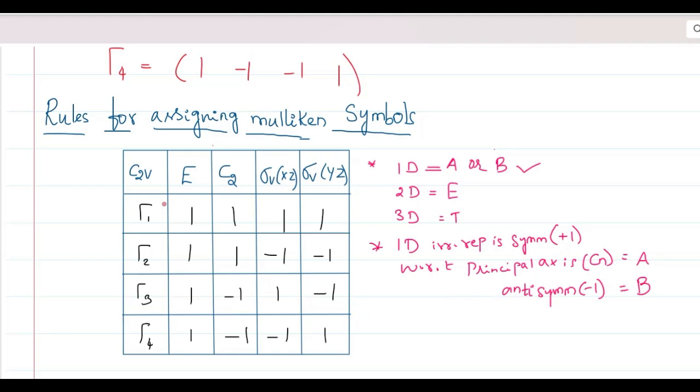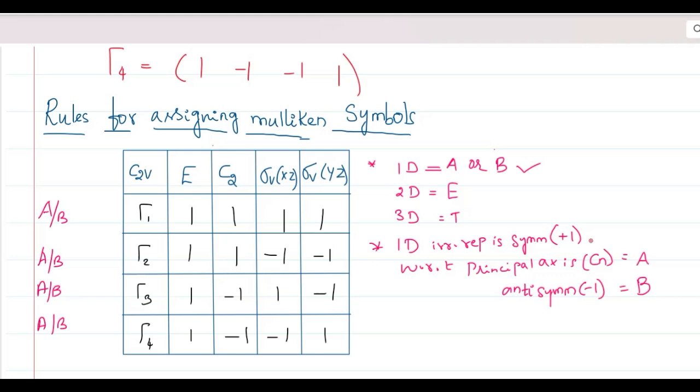With these first two being one dimensional, it should be A or B, and again here also A or B. Now what about the next one?